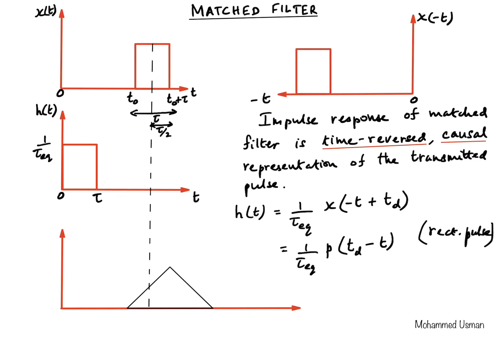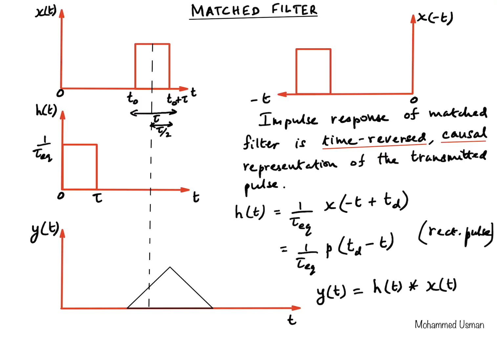So the output signal, this is y of t, the output of the matched filter. We call this y of t, and on the x-axis we have the time. The output of the matched filter, y of t, is the convolution between the input and the impulse response, which is h of t, that's the impulse response, and I'm going to denote convolution by the star.